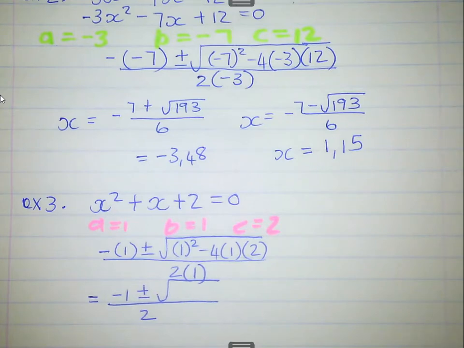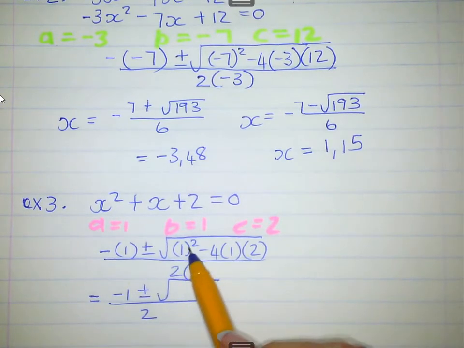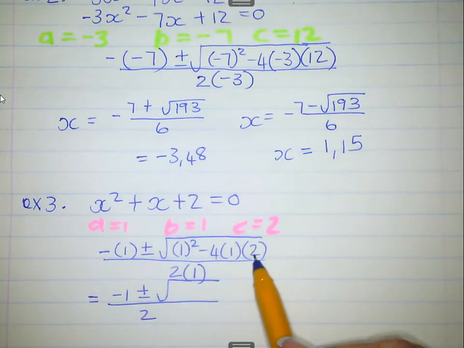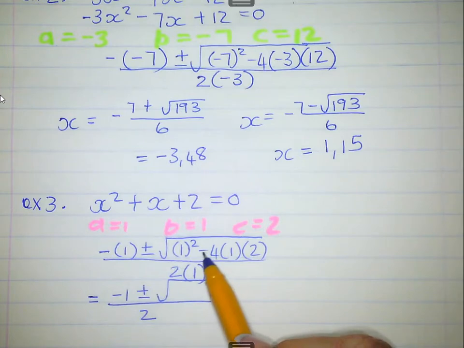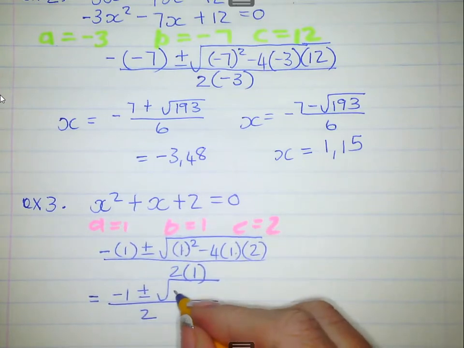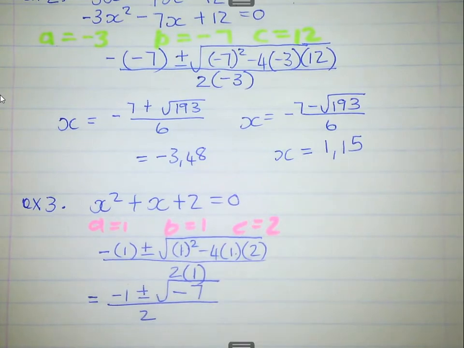Error? Yes. All of you? Yes. Quickly tell me, what is 1 squared? What's 4 times 2? Okay, what is 1 minus 8? Do you know why your calculator keeps giving an error?